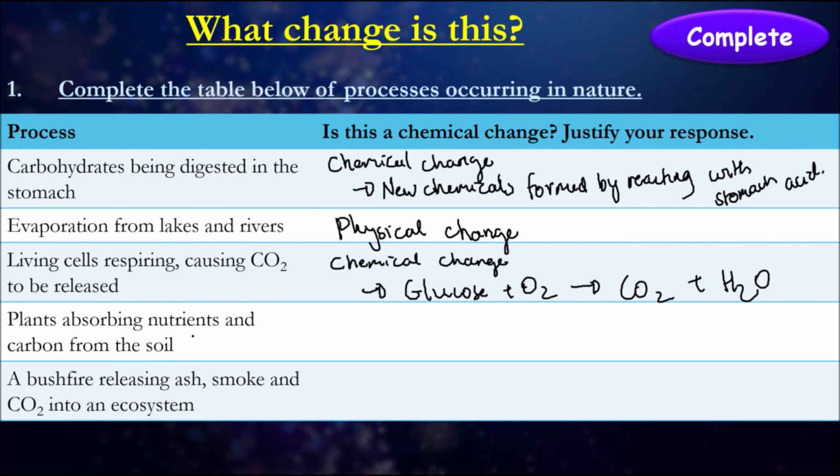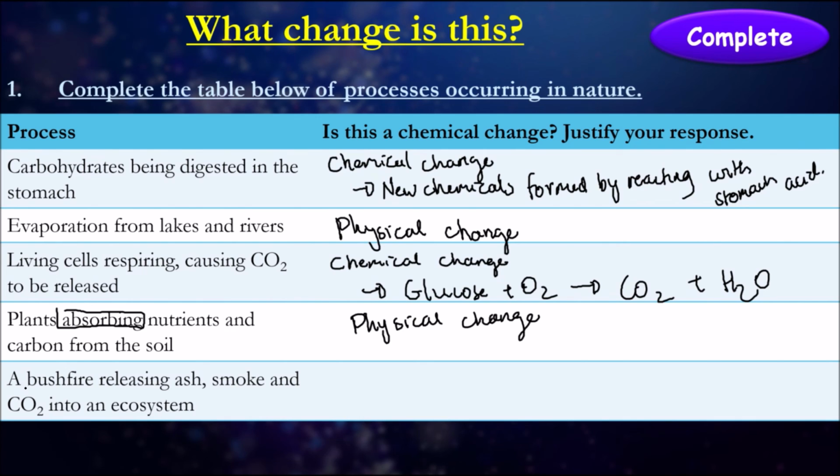If this is just absorption, they're just bringing it into their system, it is a physical change. Now, when they react with the carbon to form other molecules, then that process would be a chemical change. But if we're just talking about absorbing nutrients, that is a physical change.